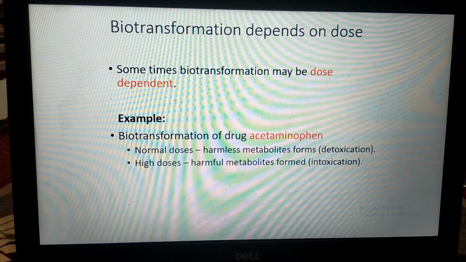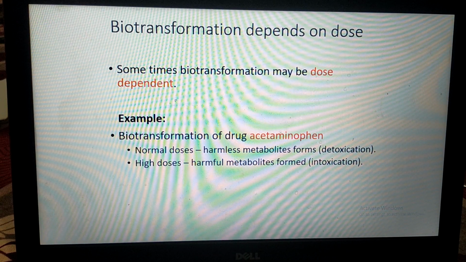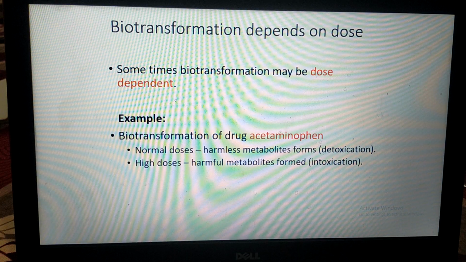Sometimes biotransformation may be dose dependent. The example of this is acetaminophen. This acetaminophen is an antipyretic drug. When this drug is given in normal doses, the body will convert it into a harmless metabolite and it can be easily removed from the body when the action of the drug is over.